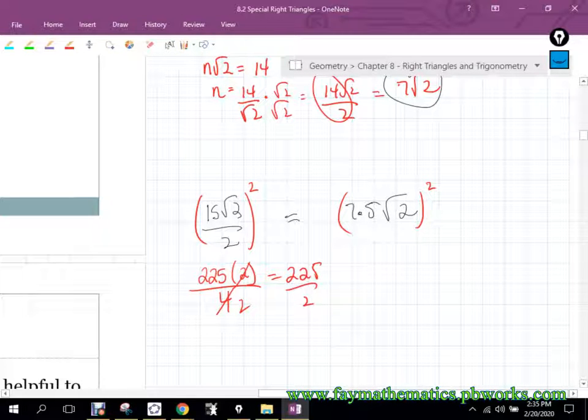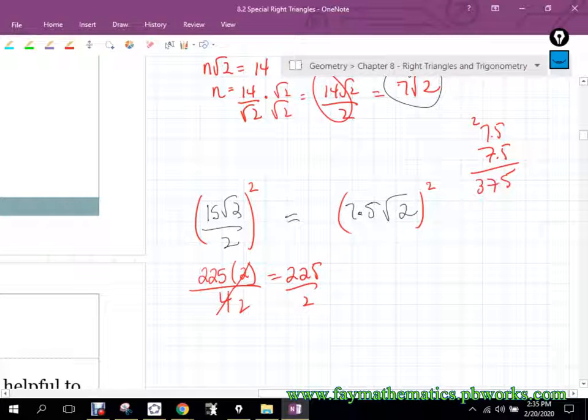Does that make sense? Now, if I ask you to square this as fast, okay, can we do that? You know what 7.5 times 7.5 in your head is? No, you have to do this, don't you? If I don't have technology, I've got 5 times 5 is 25, carry the 2. 5 times 7, 35, add 2, so 37.